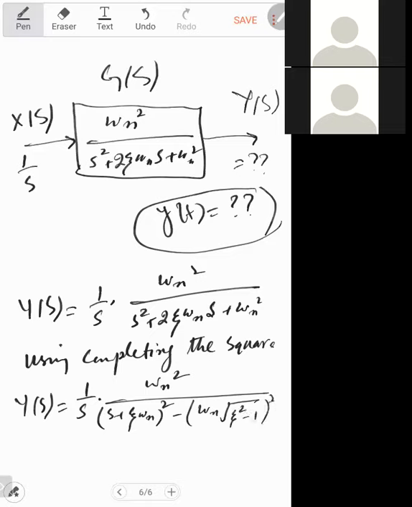So simply take the square of this one and then subtract from that one, so you will go back into the original function.